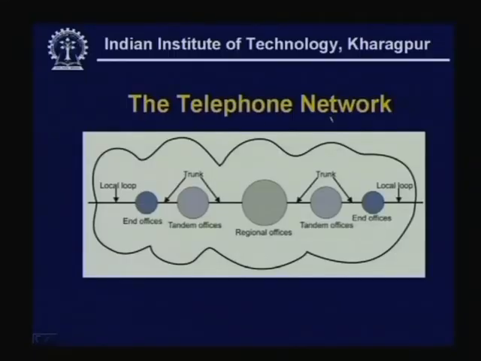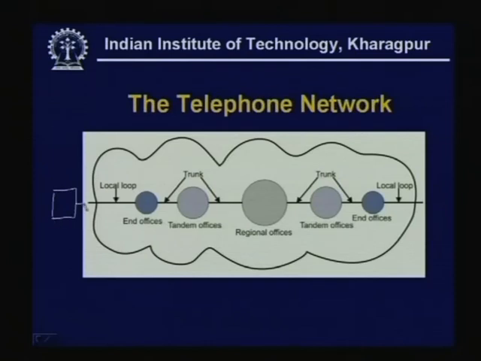And as I mentioned, the most important application of circuit switching is in telephony, the telephone network. I have already discussed the telephone network, which is organized in a hierarchical manner. As you know, you have got end offices with the help of local loops. These are connected to the end stations.